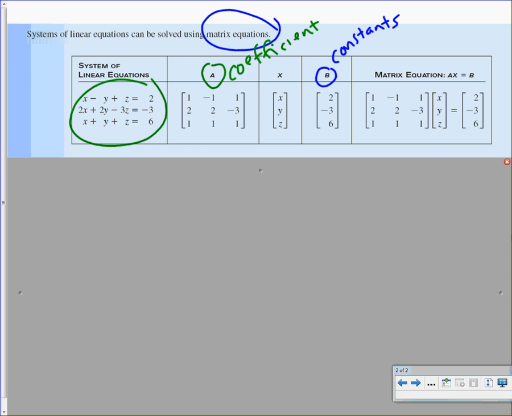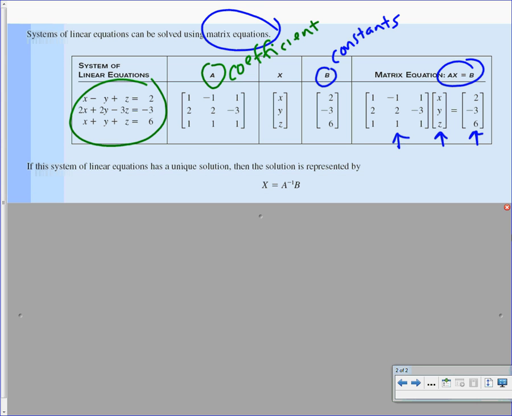So B is our constant matrix. If you see here, we can then rewrite the system as a matrix equation, where we have matrix A times matrix X equals matrix B. So that's going to be our matrix equation.